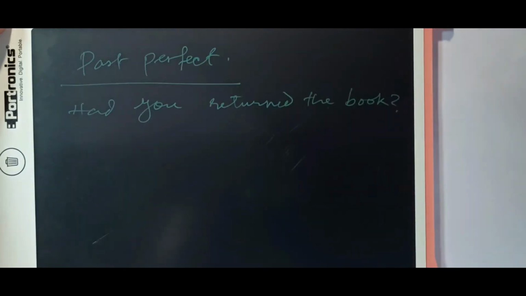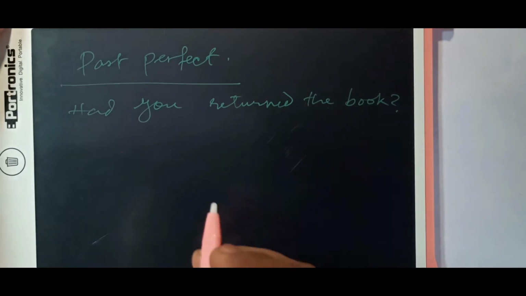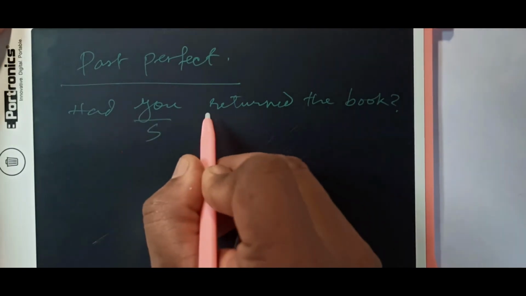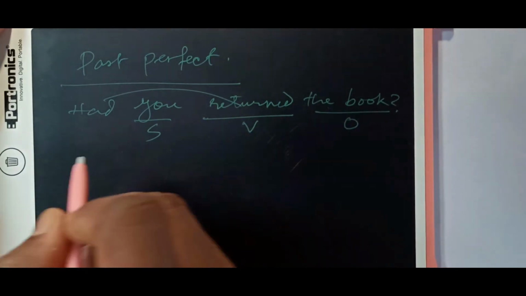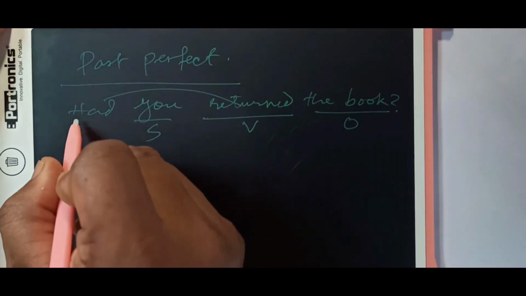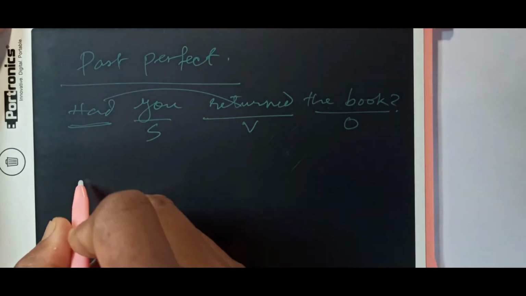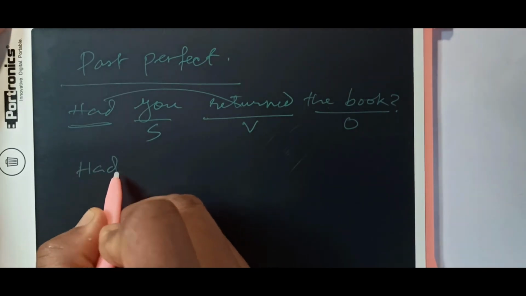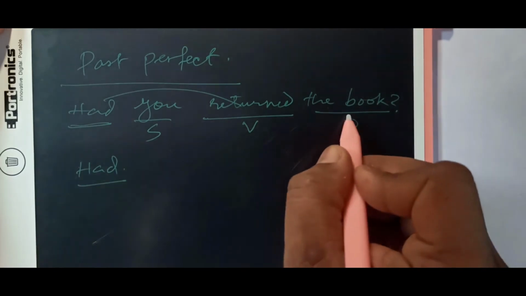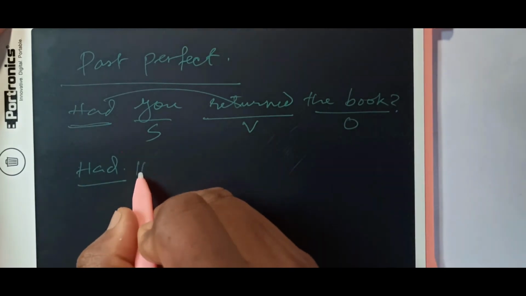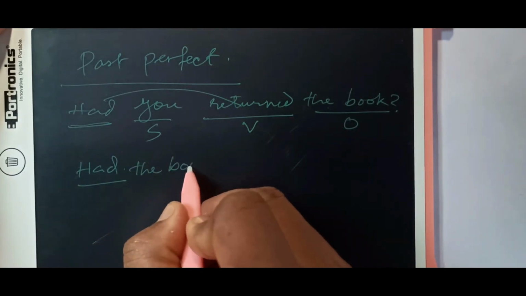This is past perfect tense, and here we have the example. Had you returned the book? So this is our subject and our verb together and our object. In the case of past perfect tense, as it starts with had, it will always start with had in the passive also. Had. Now the object will become subject. Had the book.